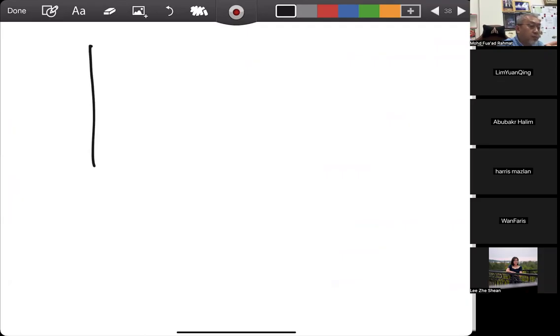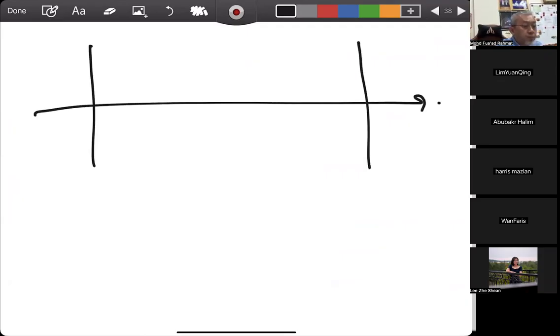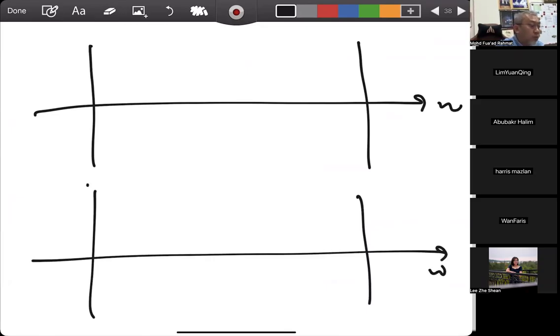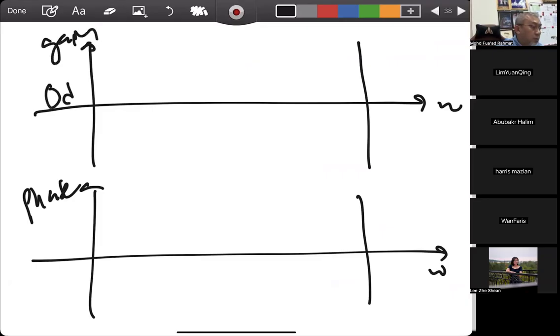Phase and gain, 0 to minus 180 degrees. So you draw one by one.